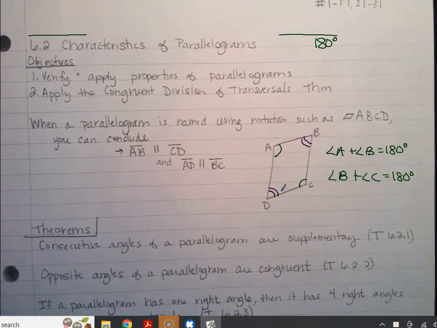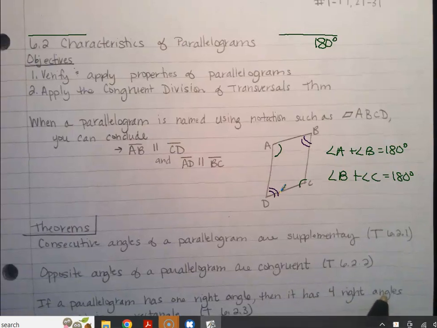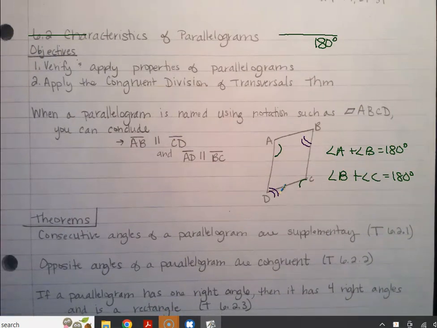Okay, so the next one: if a parallelogram has one right angle, then it has 4 right angles and is a rectangle. So that's kind of cool, right? If we're told that it's a parallelogram with 1 right angle, then we can use this theorem and say, oh, then it's a rectangle.